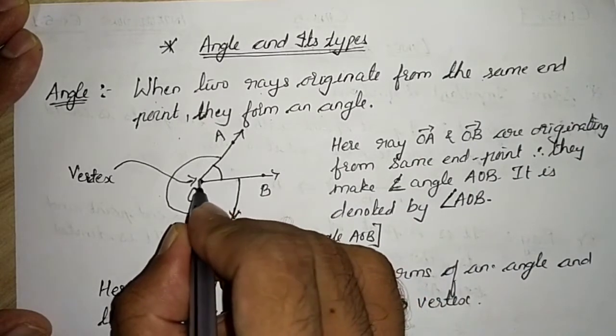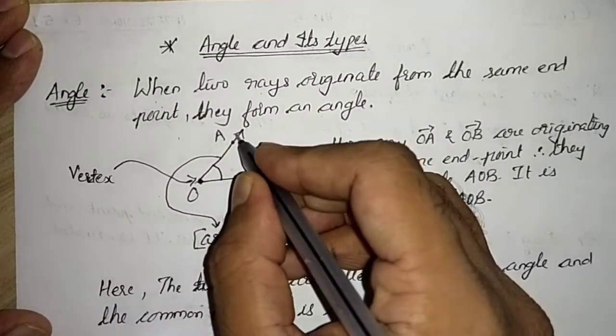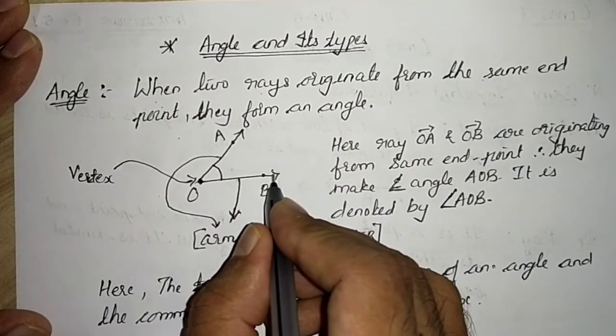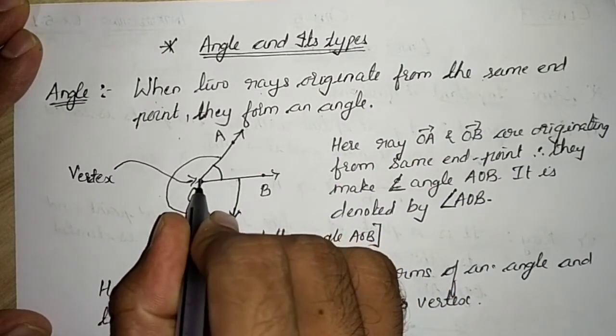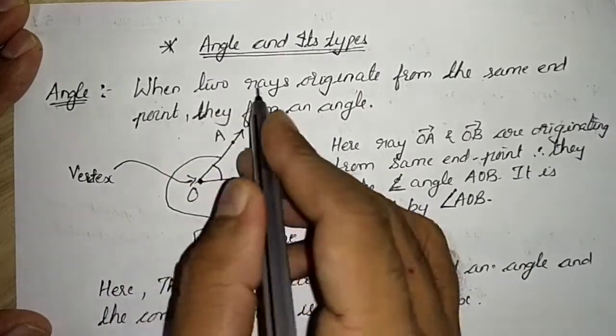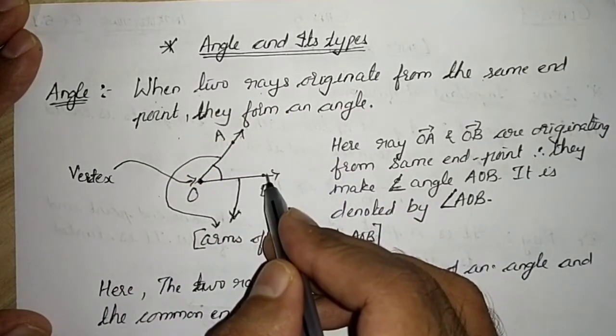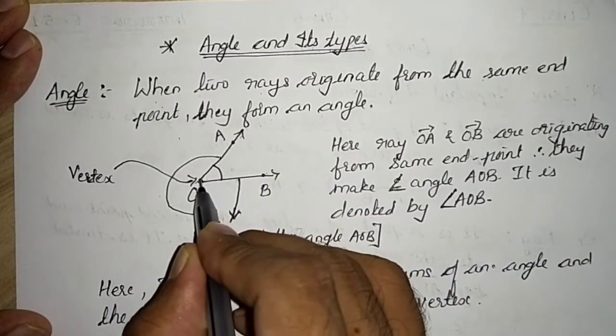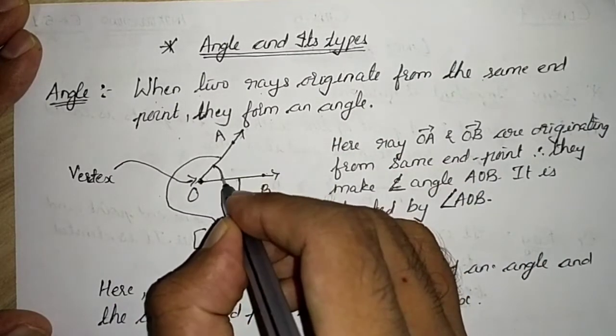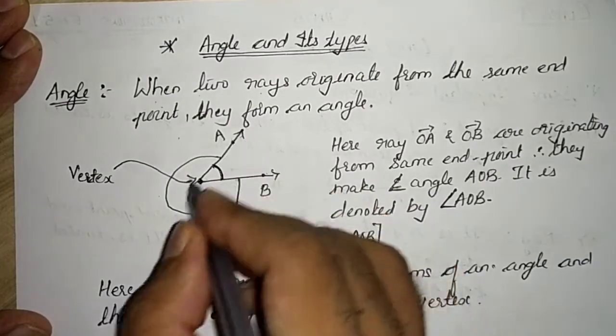Here is one end point. Both ray OA and ray OB have the same end point O. So when two rays, OB and OA, originate from the same end point, they form an angle. So this is called an angle.